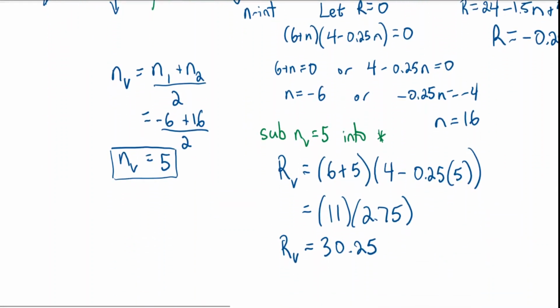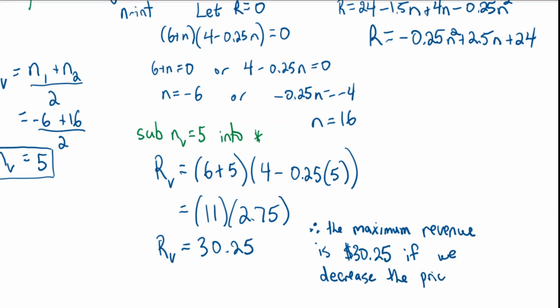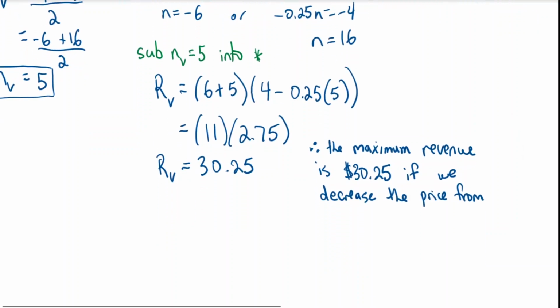So let me just say, therefore, the maximum revenue is $30.25 if we decrease the price from $4 five times, right? Now, that's kind of an awkward thing to say.